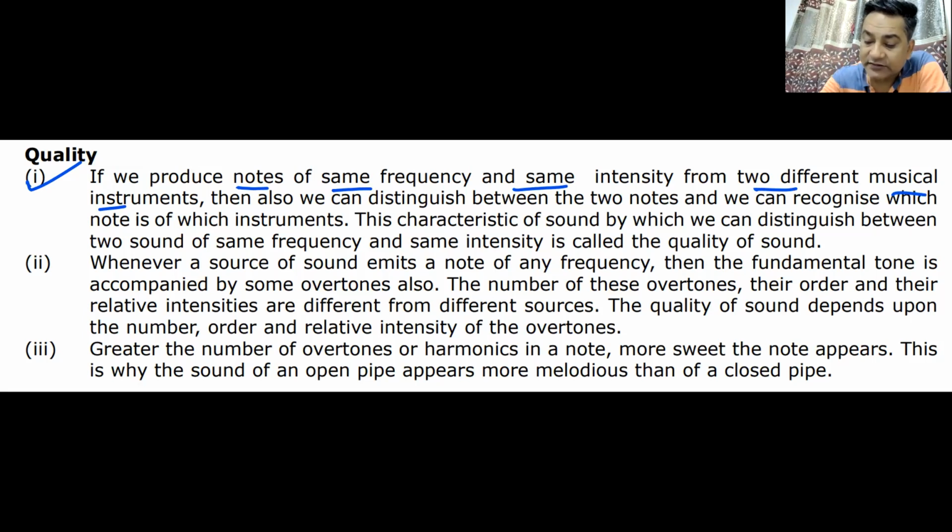This characteristic of sound by which we can distinguish two sources which are giving us sound of the same intensity and same frequency is known as its quality. Do we understand this? So just remember this. This is all what you need to understand. We'll also understand something known as overtones and harmonics.